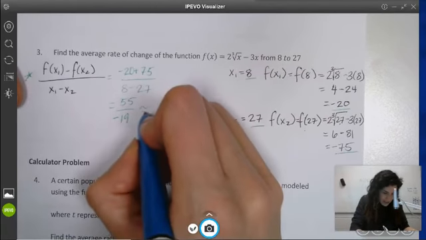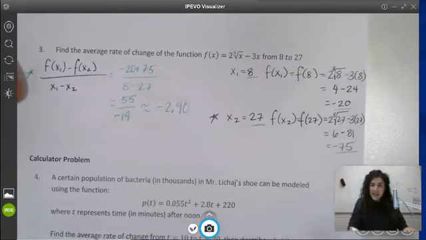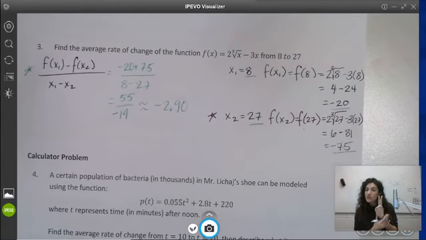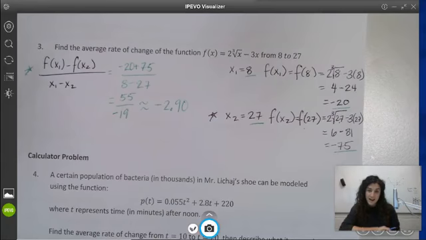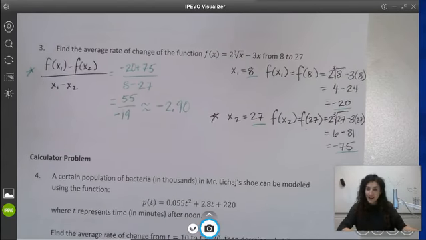That approximates to negative 2.895, and to 2 decimal places means that 89 would come up to a 90, and you would have to keep both the 9 and the 0 in order to be accurate with that. A little rounding practice.